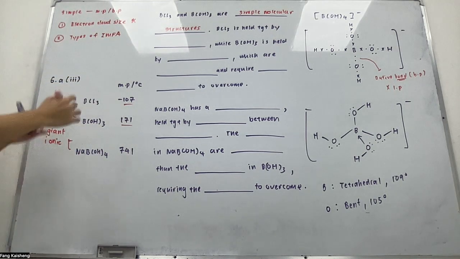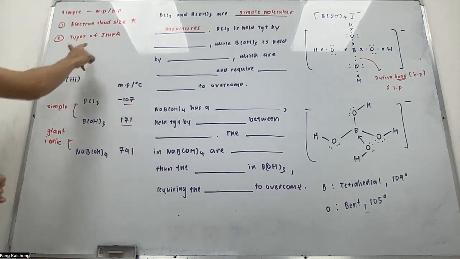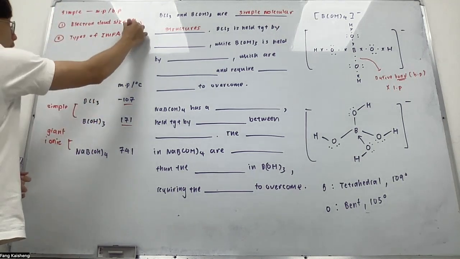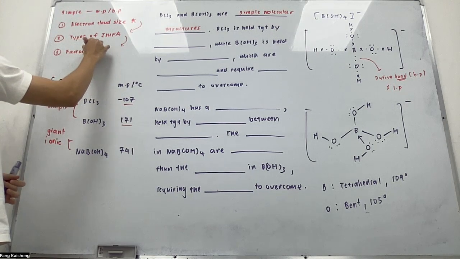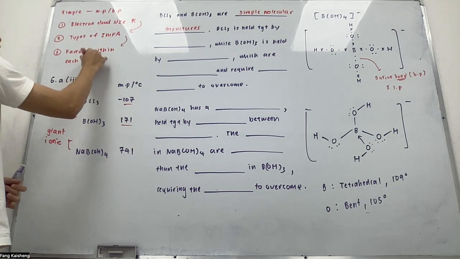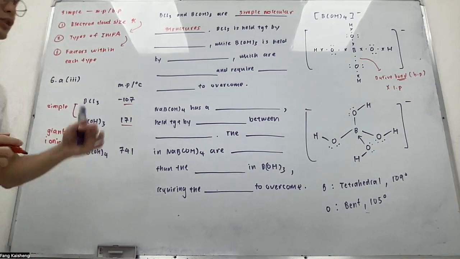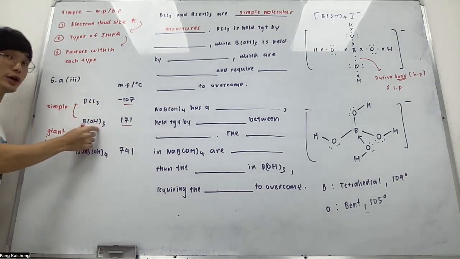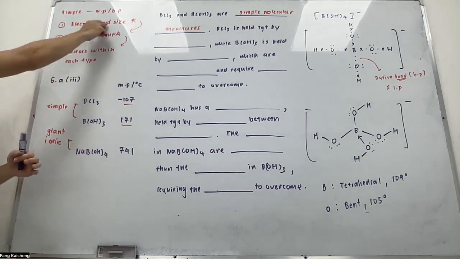And in the very small off chance that the type of intermolecular force is the same, then we go to our last factor, which is to look at the factors within each type. This is the rare case in which the type of intermolecular force across two molecules is the same. So following this idea, can I ask you all, BCl3 or B(OH)3, which one is bigger? Which one is larger in size?